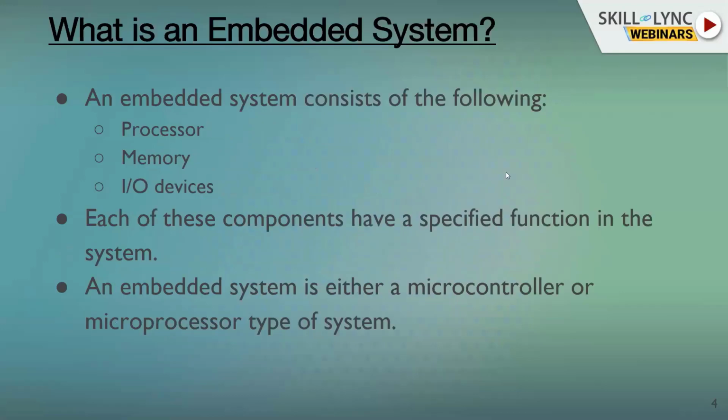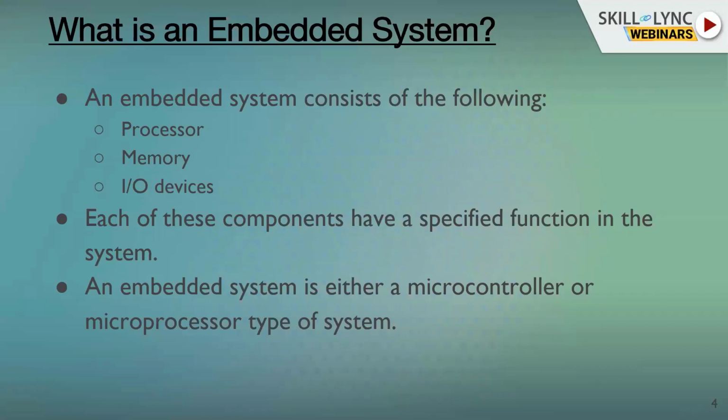Okay, so we are trying to define here what exactly is an embedded system. An embedded system is essentially a group of controlling and actuating and sensing equipments. Generally an embedded system consists of a processor which executes some instructions. Then you'll have memory to hold the instructions and the data, and then you'll have some IO devices, input-output devices.